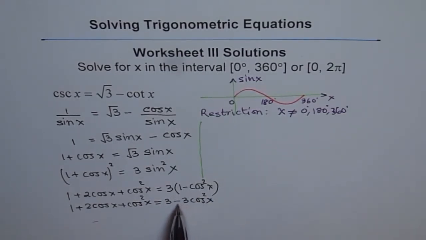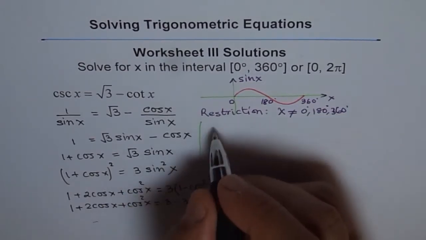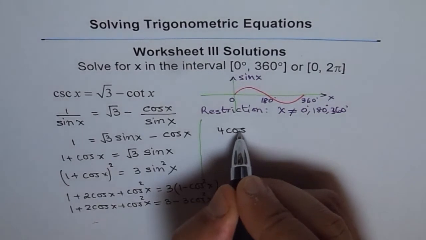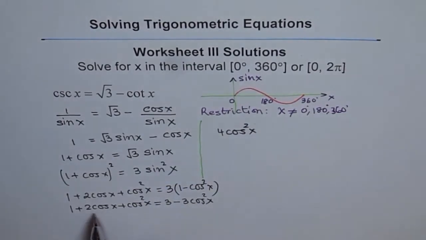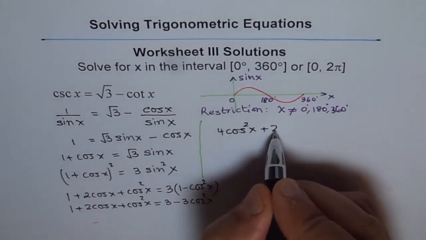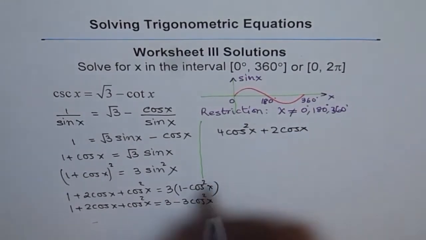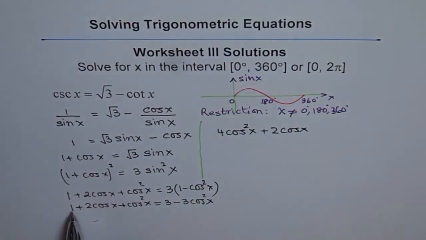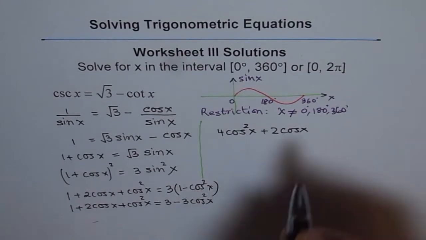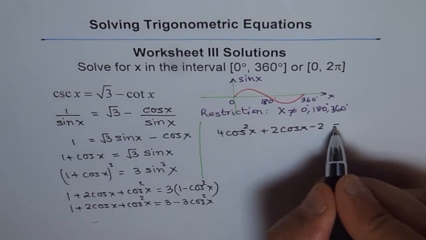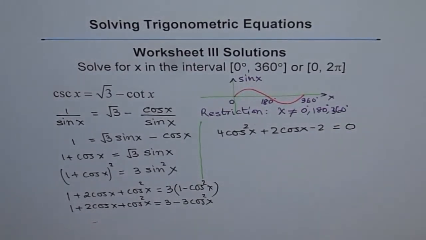So when I bring minus 3 cos square x to the left side, I get what? 4 cos square x. Let me write it here now. 4 cos square x, and we have 2 cos x here, plus 2 cos x. As far as the numbers are concerned, 1 is here and we'll bring here minus 3. So we get minus 2 equals 0, right? So that's the quadratic equation which we get at this stage.